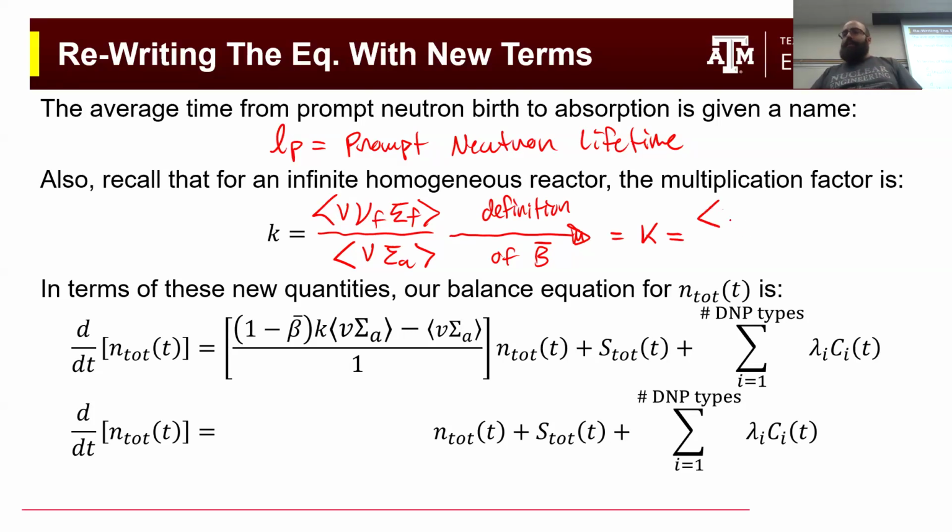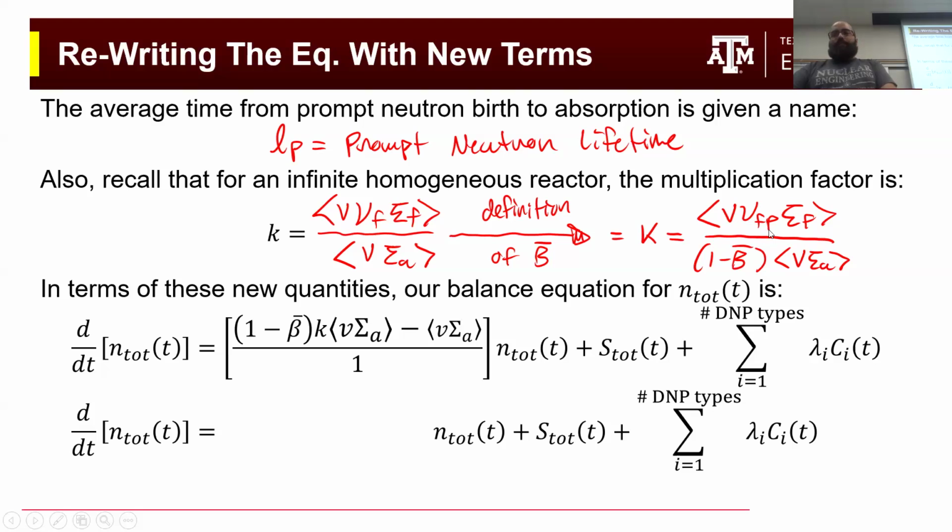So the way that's going to look is I'm going to have V times nu F prompt times sigma F divided by 1 minus beta times the average of V sigma A. So I'm basically just making use of the definition of beta to rewrite the multiplication factor in terms of the prompt production term, the number of neutrons born prompt, and then 1 minus the delayed neutron fraction.